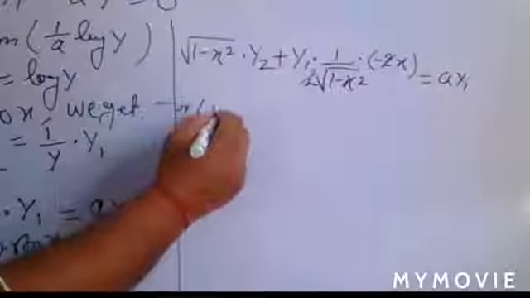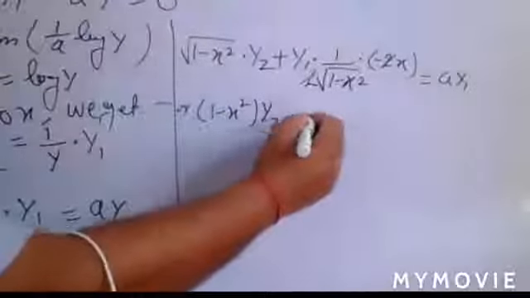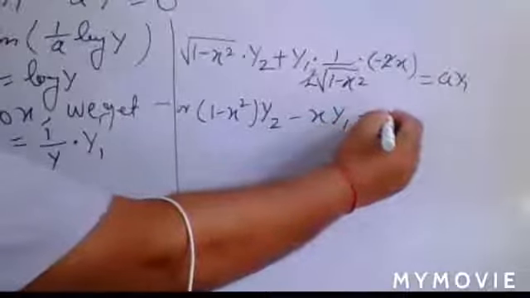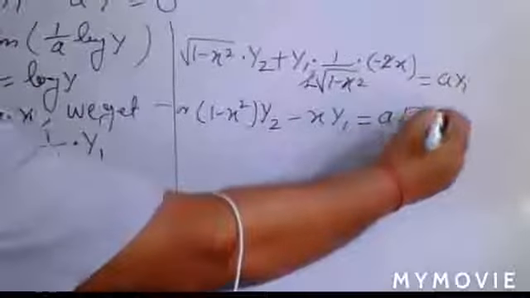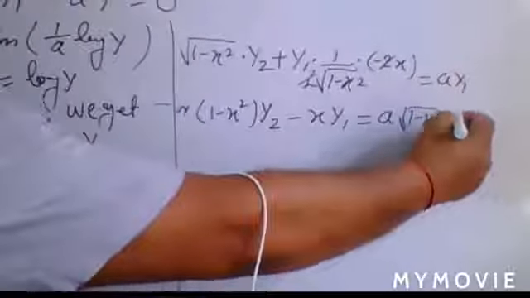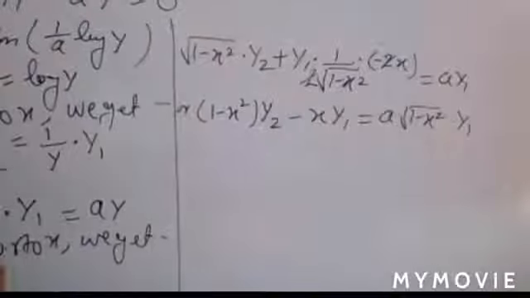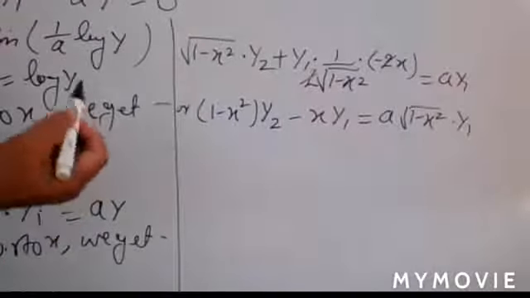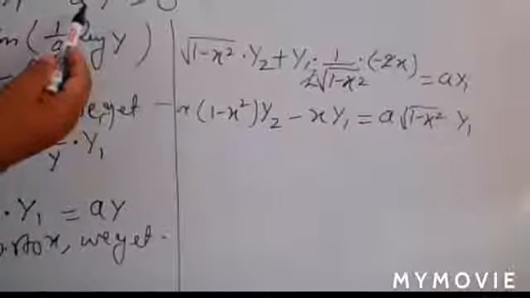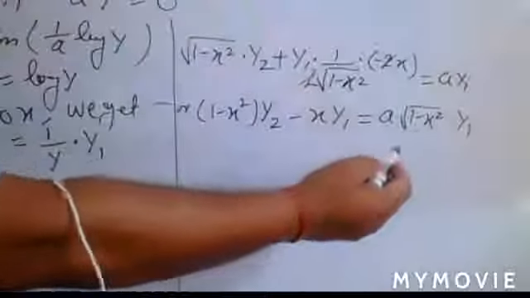So you have 1 minus x square into y2 minus x into y1 is equal to a under root 1 minus x square into y1. In the required result there is no root, so that root has to be eliminated.